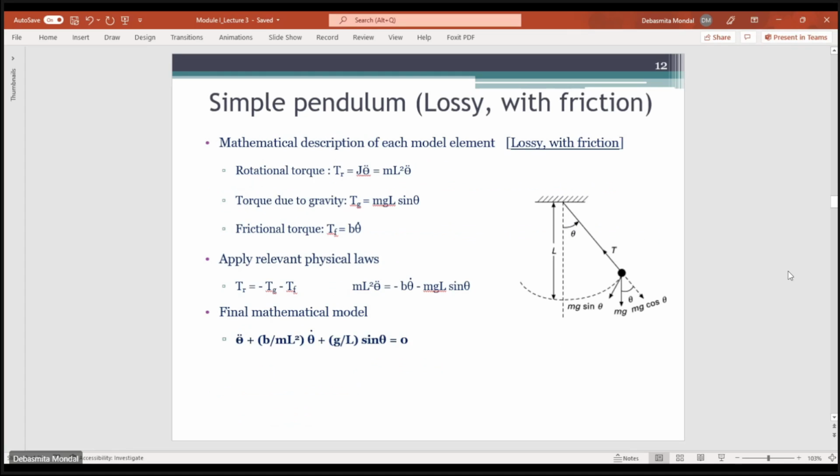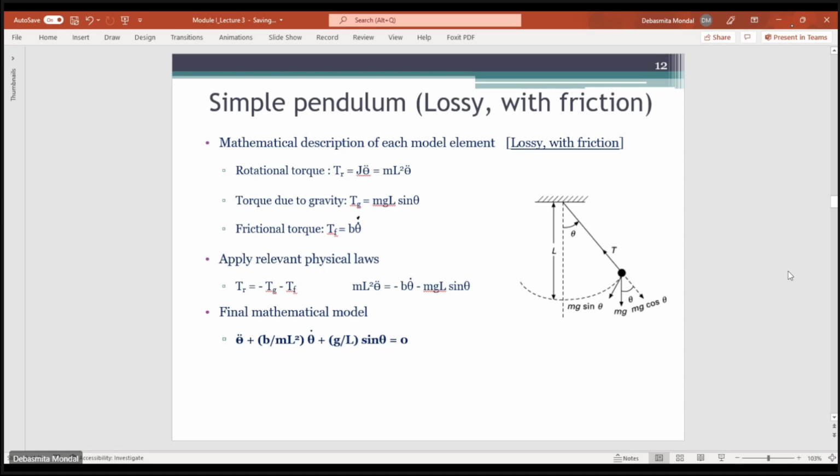If you consider a system where there is an additional frictional loss present other than this gravitational force, let us say that T_F is the frictional torque, and you can write T_F equals B into theta dot. So now if you again apply the physical laws, you will see that the rotational torque because of which the pendulum is moving will be equal to the losses.